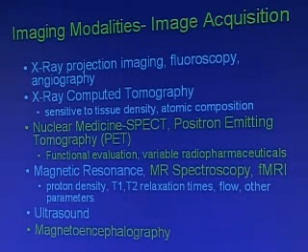These mechanisms can include proton density, as well as T1 and T2 relaxation time, and many other factors. Ultrasound is very important in the pediatric environment, less so in our obese adult population, but clearly provides a lot of information through reflected sound. And magnetoencephalography looks at the magnetic fields that are generated by the brain.